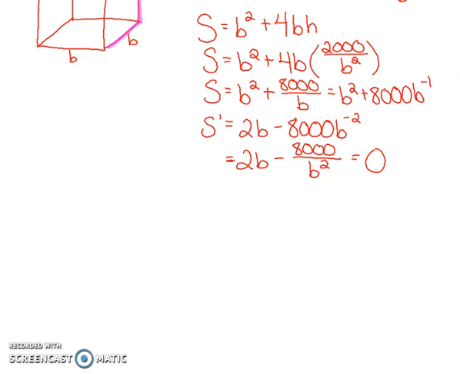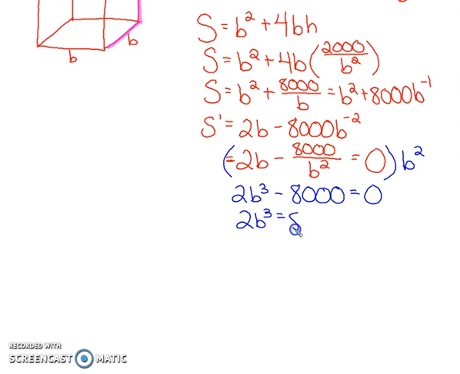So to do that, I'm going to take this whole equation and multiply it by b squared to get rid of that denominator. So it becomes 2b cubed minus 8,000 equals 0. Add the 8,000 over. Divide by 2.